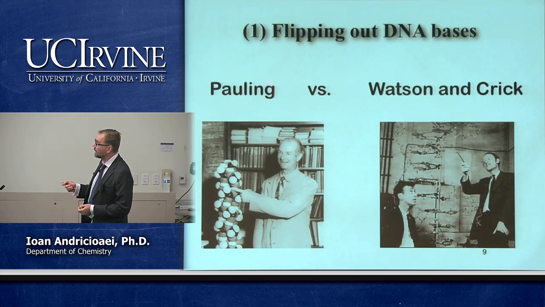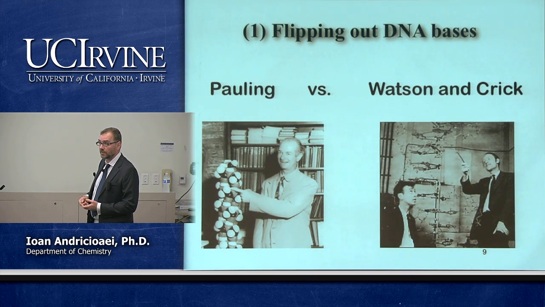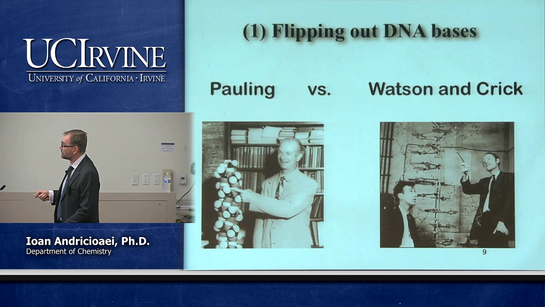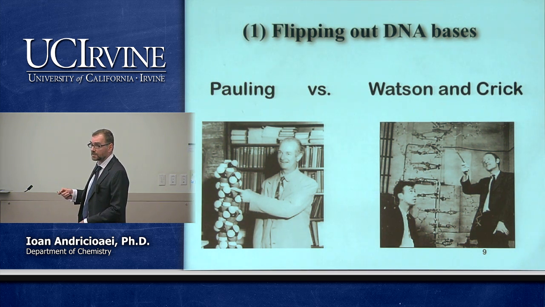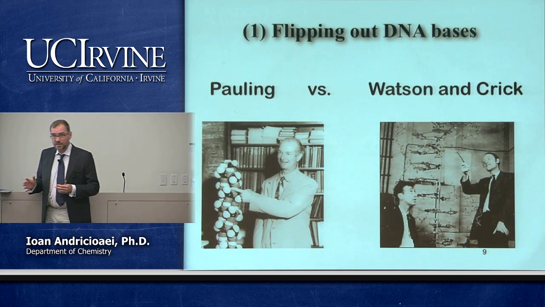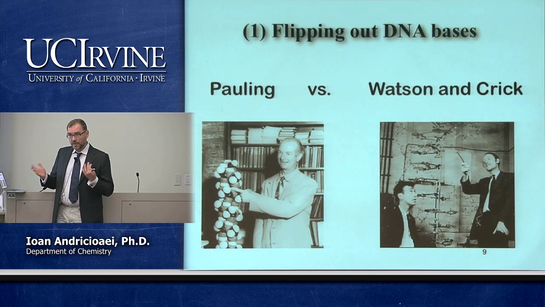And Linus Pauling, who successfully predicted the geometry of an alpha helix, so not of a DNA, but an alpha helix, took a crack at it and suggested that the pictures that he had not yet seen of Rosalind Franklin, but the data that existed up to that point, would indicate that the DNA has 3 helices, but the sugar phosphate backbone of the helix is inside, and these 4 things, A, T, C, Gs, the bases are out.